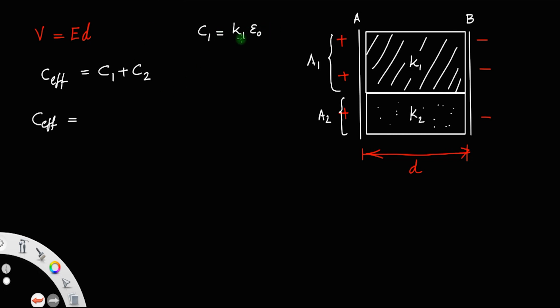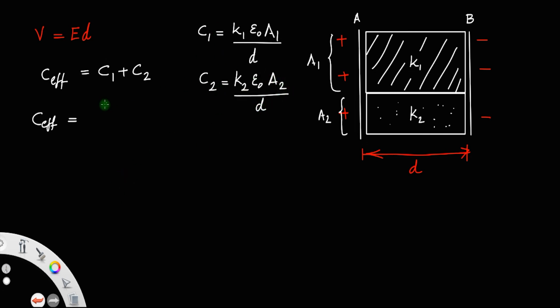So C1 equals K1 epsilon 0 A1 by D. There is no difference in the thickness. Both these dielectrics have the same thickness D. Similarly, C2 will be K2 epsilon 0 A2 divided by D.